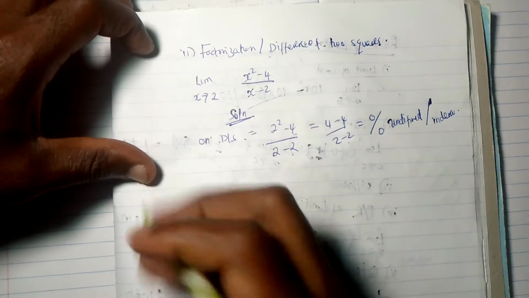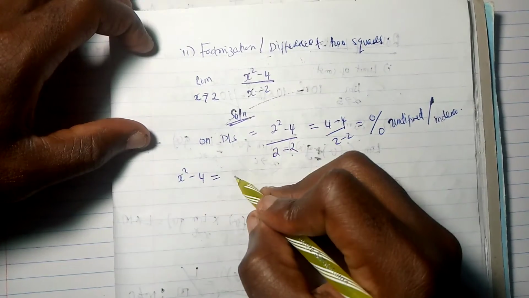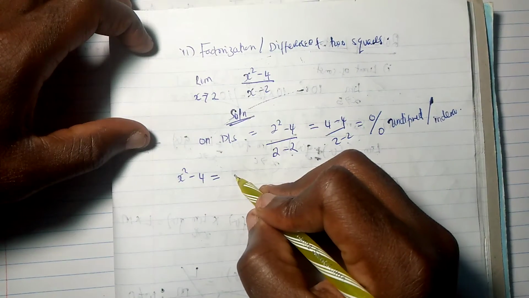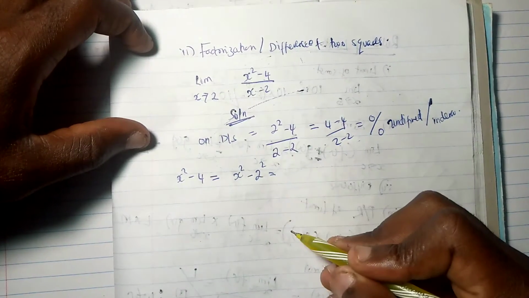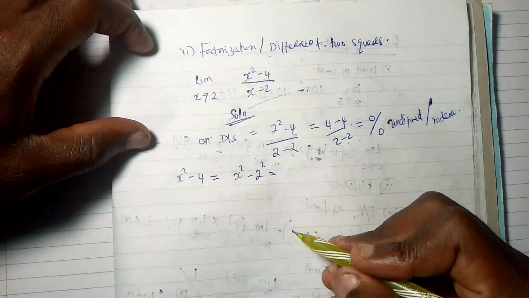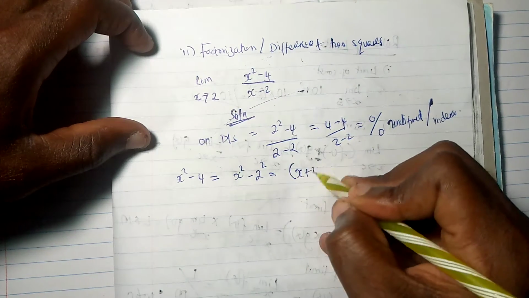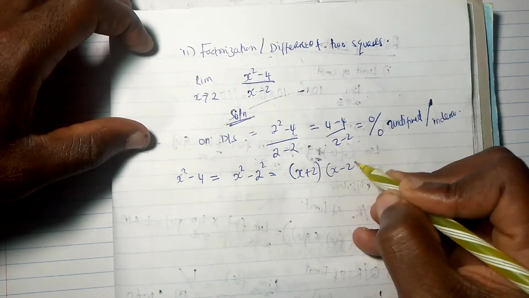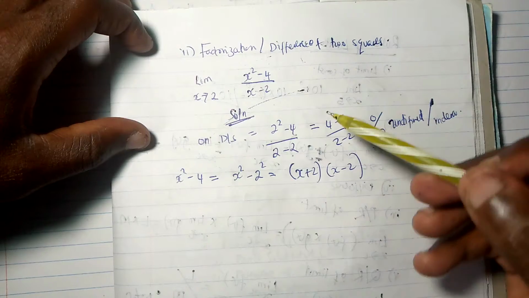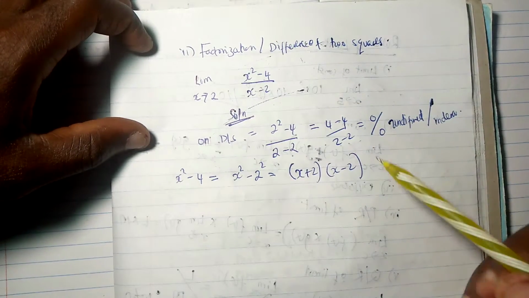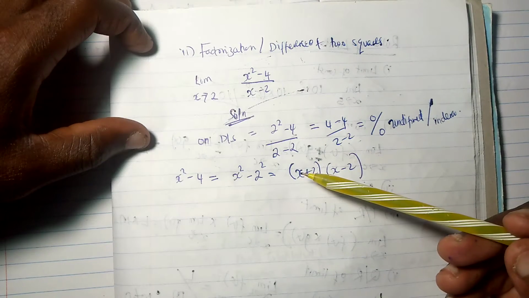We know that x squared minus 4 is a difference of two squares: x squared minus 2 squared. That's why it's called a difference of two squares. It can be factorized into x plus 2 and x minus 2.